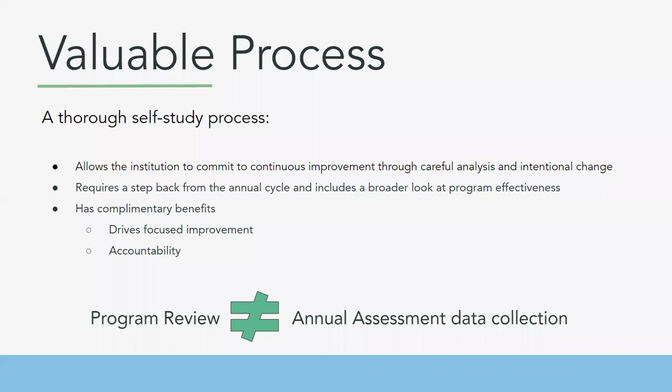Program review includes several years worth of analyzed and summarized assessment information, not the details, but a bigger picture of the outcomes, achievements, and improvements over the course of the years that the PR covers. Assessment refers to your annual or biannual, however your cycle is, the learning and the operational outcomes. Your program review includes a broad summary of that assessment data, but also includes many other indicators of program health that we'll go over in a moment.